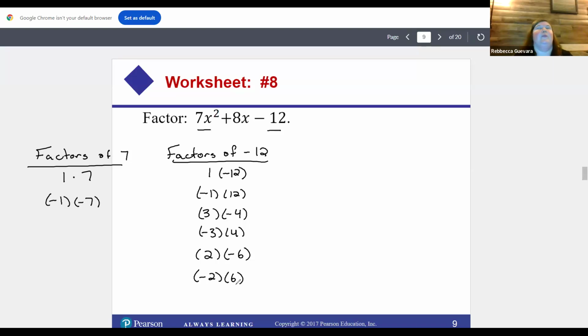So this one we might be working on for quite a while. And it's reasons like this that I prefer the AC method. So let's try factors of the first term just being 1x and 7x, and then we're going to play with the other two. All right, we can try the first set. So 1 and -12.